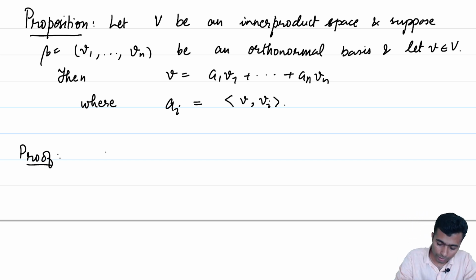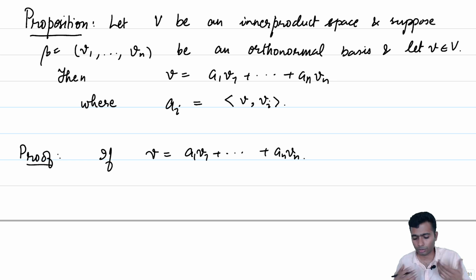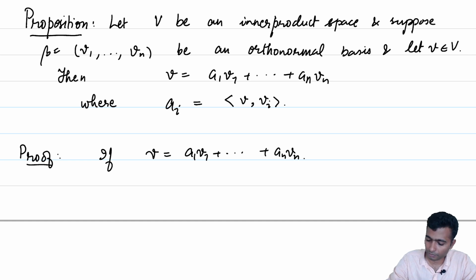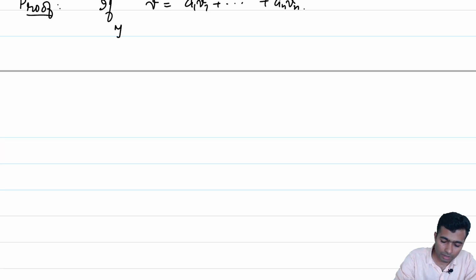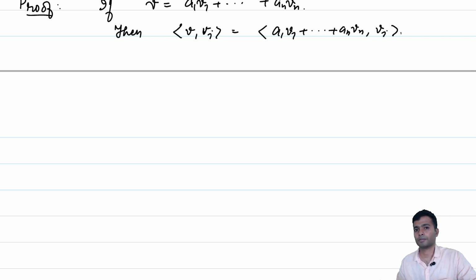So suppose V is equal to A1 V1 plus up to An Vn, and let's look at what is the inner product of V with say Vi. Then the inner product of V with Vi will just be the inner product of A1 V1 plus up to An Vn with Vi.